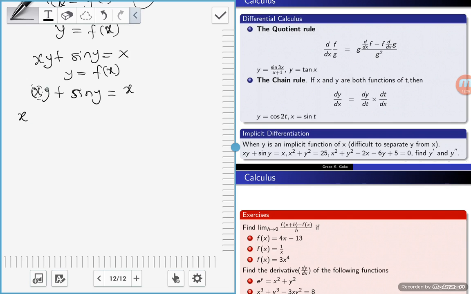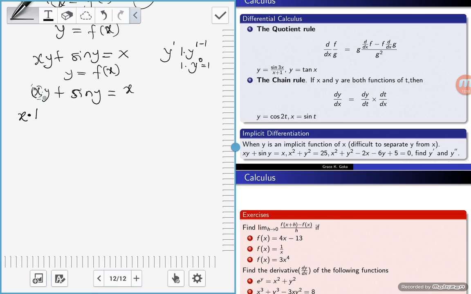If you differentiate a y, you get what? 1. Because y is to the power 1. Using the power rule, multiply the index by the y. So you have 1 times y to the power 1 minus 1, so 1 times y to the power 0. y to the power 0 is 1. 1 times 1 is equal to 1. So if you differentiate y, you get 1.